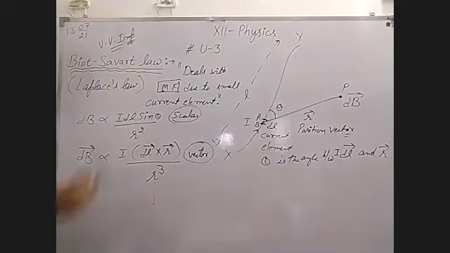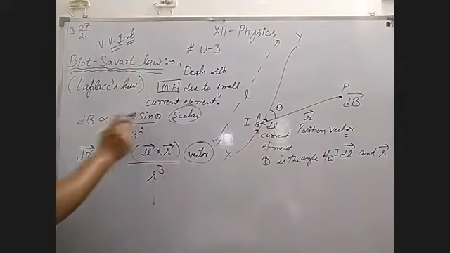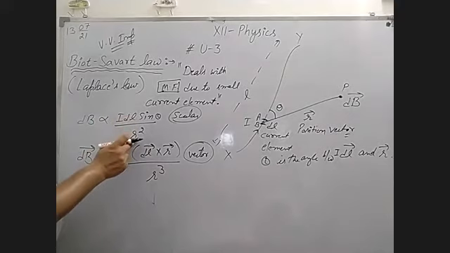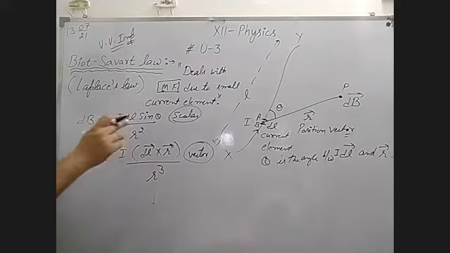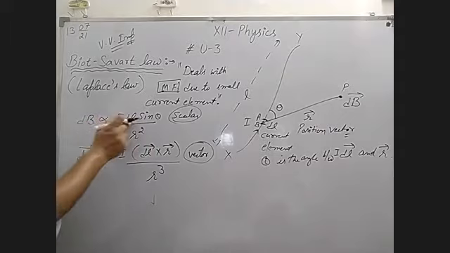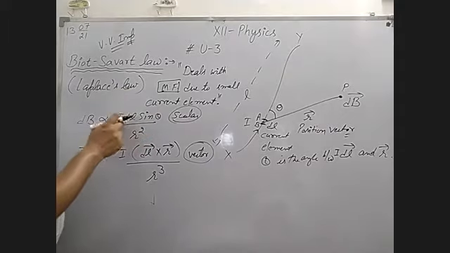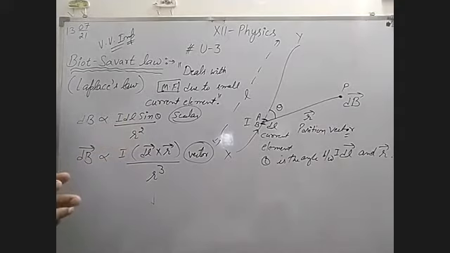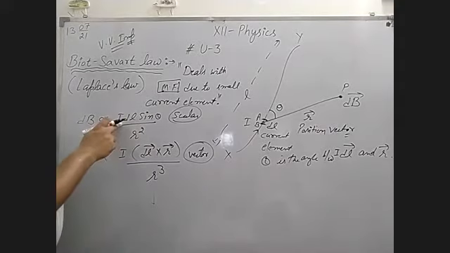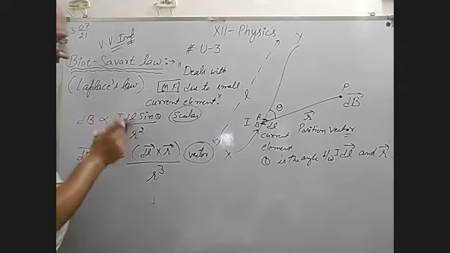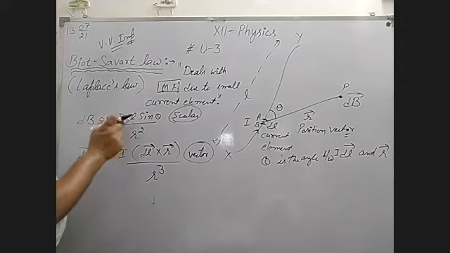In this way, this is the scalar form and this is the vector form of this formula. In this, theta is the angle between dl and r, not dl and I. dl is the part on which current is flowing, so dl is considered as the direction of current. That's why it is the angle between dl and r.